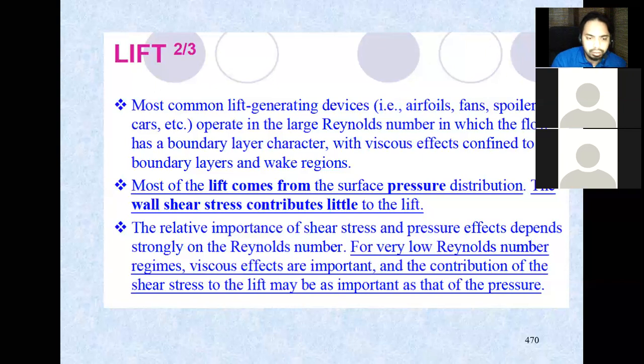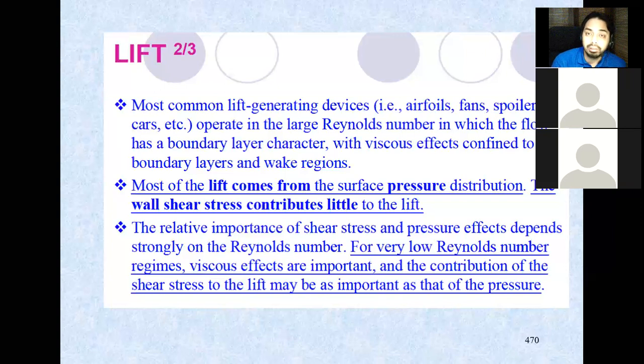We can use the Bernoulli equation because the viscous effect can be ignored at a high Reynolds number, so the flow becomes inviscid. We can say that locations with high speed flow have low pressure, and locations with low speed flow have high pressure.